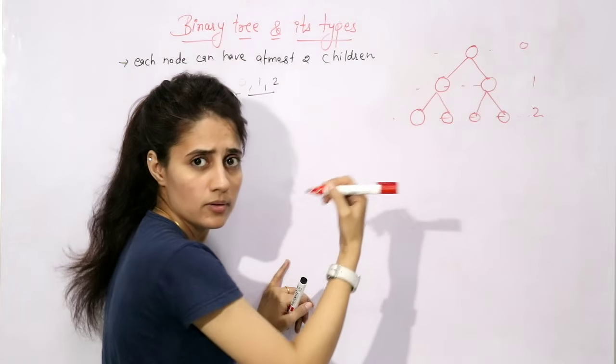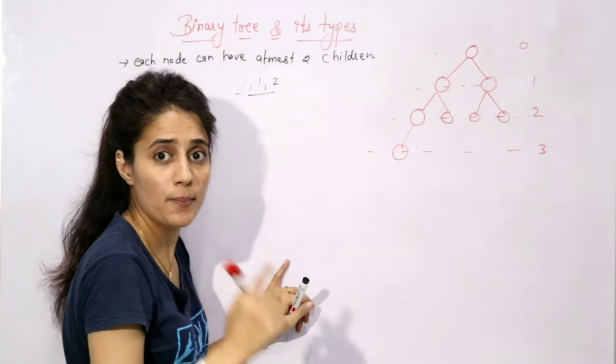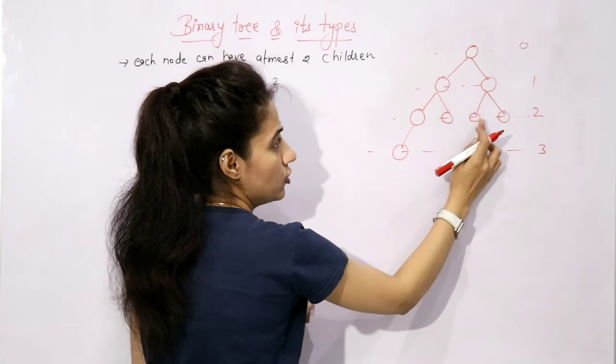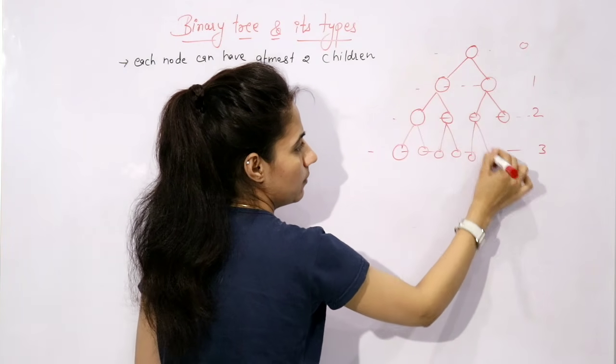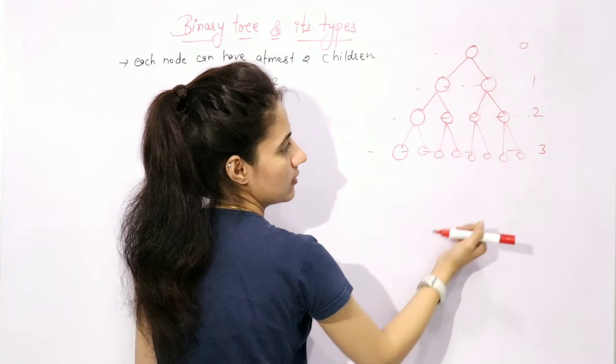Now suppose I am increasing one level, at the third level, the maximum number of nodes possible are, maximum means each of these nodes is having maximum children, and maximum children can be 2 only. It means 1, 2, 3, 4, 5, 6, 7, 8, right?